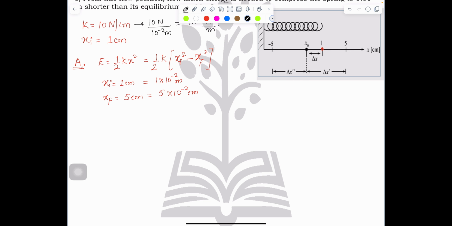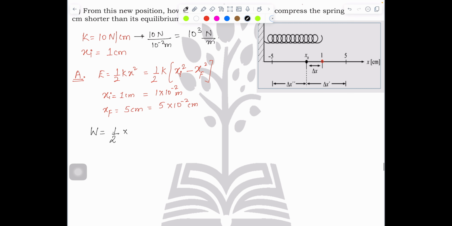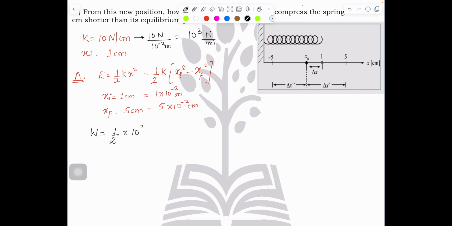Place the values. So W is equal to half k. K is 10 raised to power 3, bracket, what I told you, xi squared minus xf squared. So what is the initial value? 1 multiplied by 10 raised to power negative 2, squared, minus, what is xf? 5 multiplied by 10 raised to power negative 2, squared.